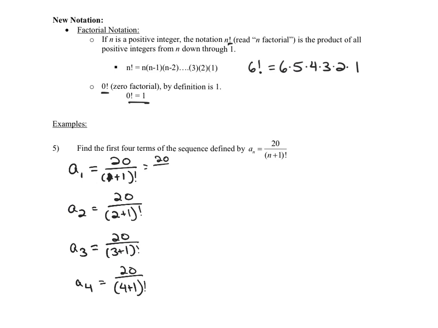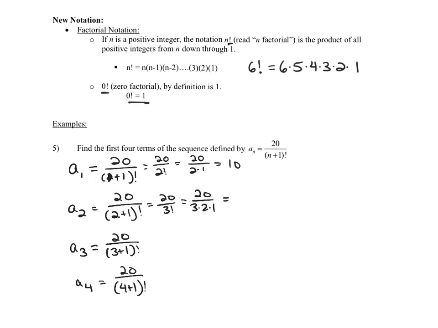We'll have 20 over 2 factorial, which is 20 divided by 2 times 1, which is 10. This is going to be 20 over 3 factorial, and 3 factorial is 3 times 2 times 1.